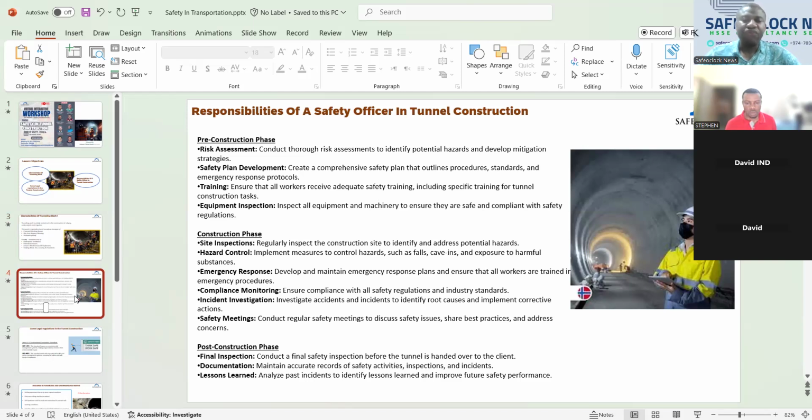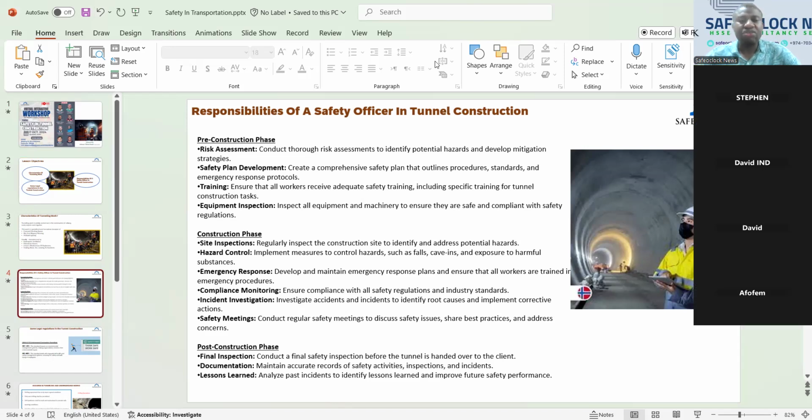Then during the construction phase, the safety officer will be involved in site inspections, safety inspections, and hazard identification and controls, all these daily routines. The safety officer also will be involved in emergency response. He will be planning and coordinating emergency response in case there is an emergency in the tunnel. What are the means? How will people be evacuated and how will people escape? So he'll be involved in planning, coordinating, and being part of the emergency planning activity.